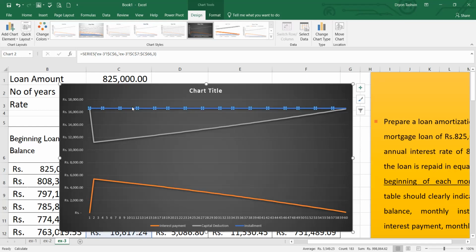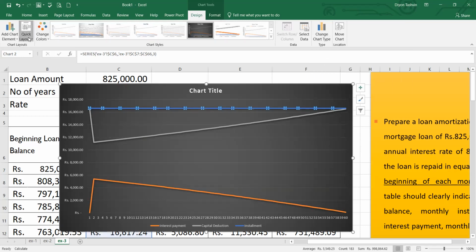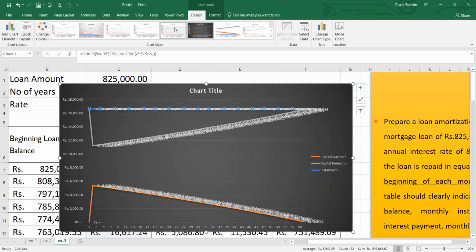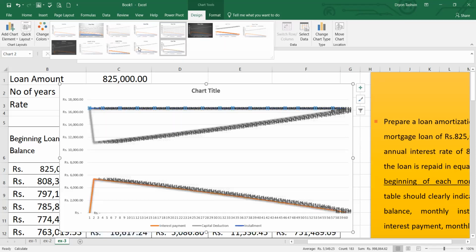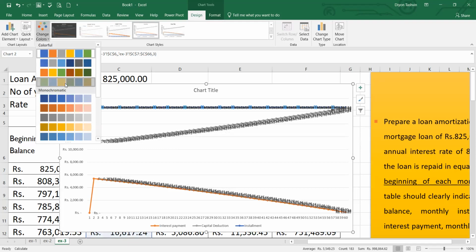So if you want, you can change this graph into different types as well. You can change the layouts. You can see what options are available in the layout options. You can change the colors.